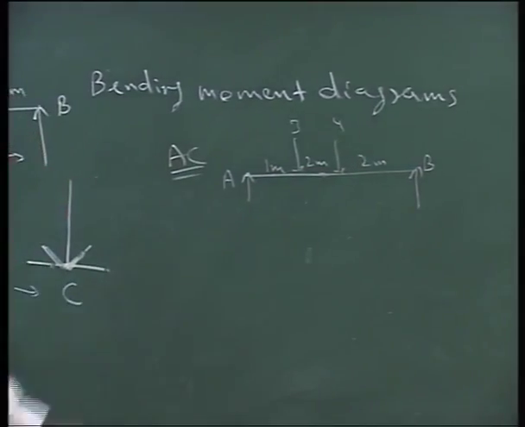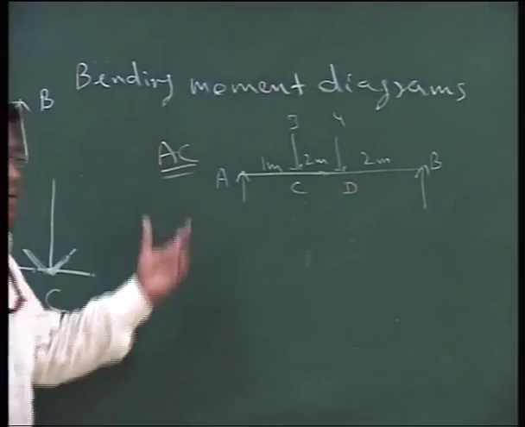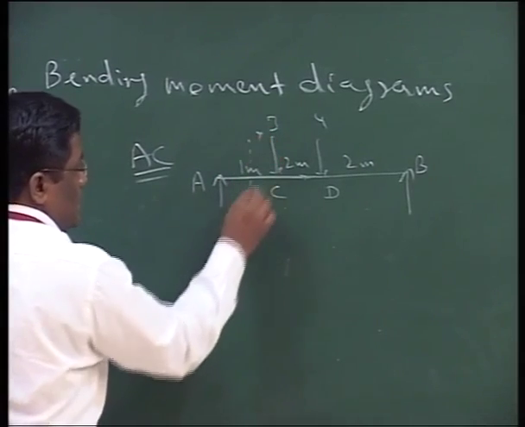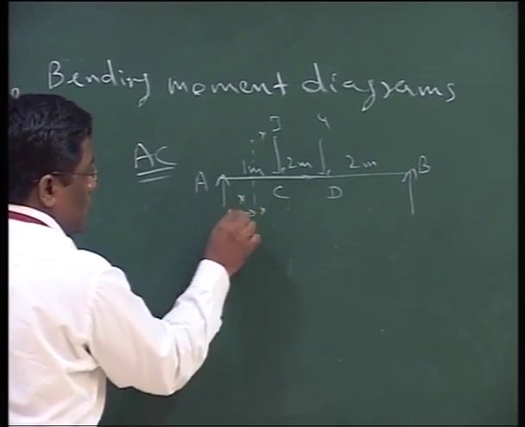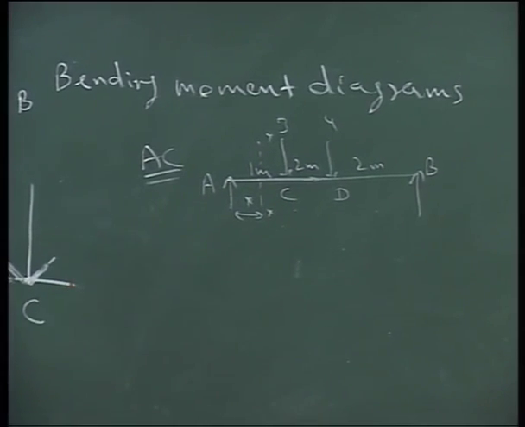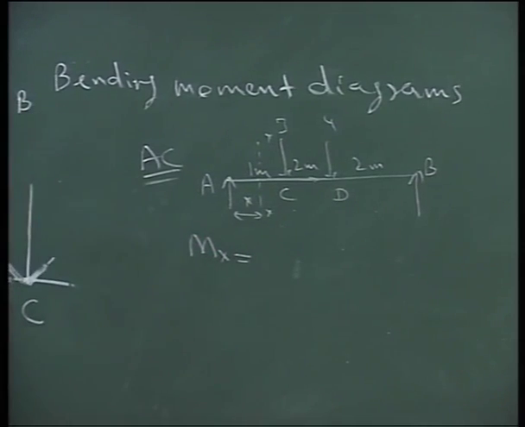now if you talk about the portion AC, as we said earlier, in this AC portion we have a section XX which is situated at x meter. Now we are talking about the bending moment at this particular point in the AC portion. Then what will be Mx?